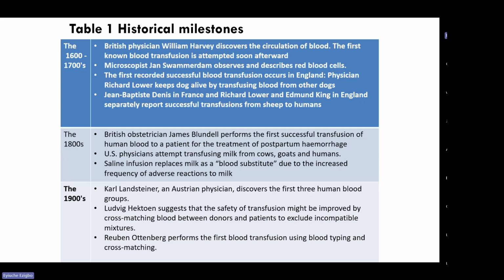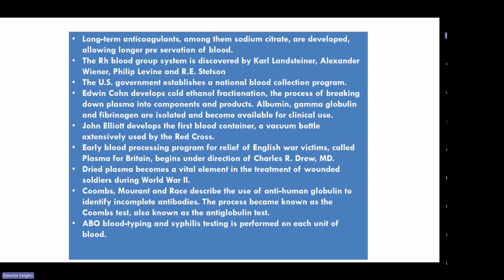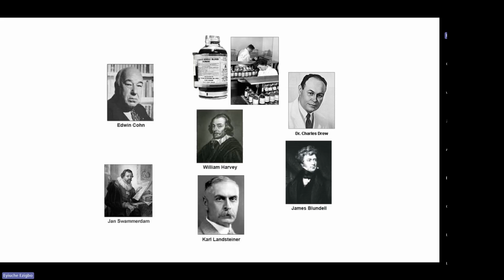In 1900, Karl Landsteiner, an Austrian physician, discovered the first three human blood groups, and so many other discoveries followed, each step of the way building on previous discoveries and diagnostic procedures. That's what we outlined there.